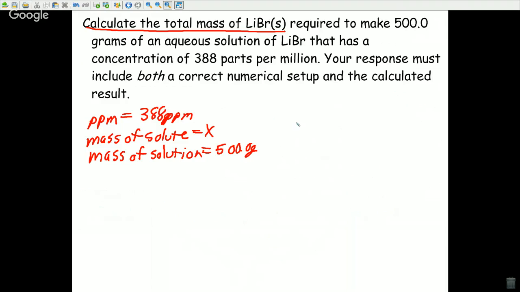So plugging all that into the equation, mass of solute, and then mass of solution, and multiply by 1,000,000.